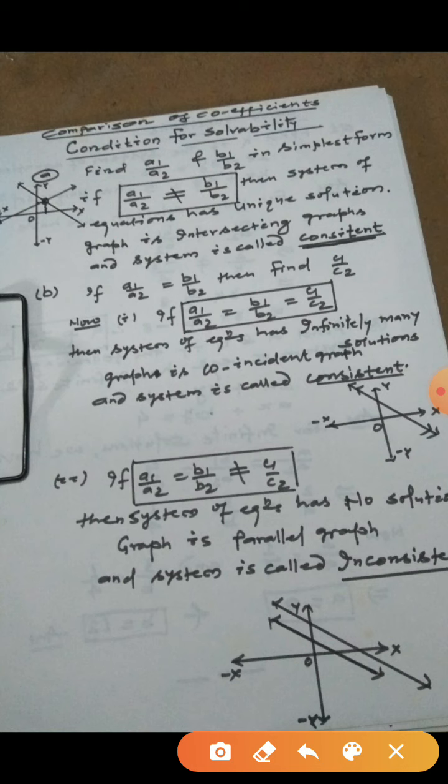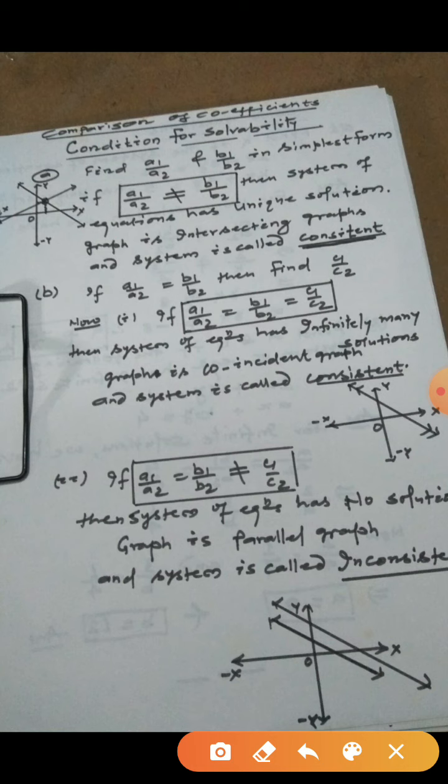So again there will be two situations. One, that c1 by c2 is also equal to a1 by a2, which is equal to b1 by b2. It means all three ratios are equal. So the condition will be a1 by a2 equal to b1 by b2 equal to c1 by c2.